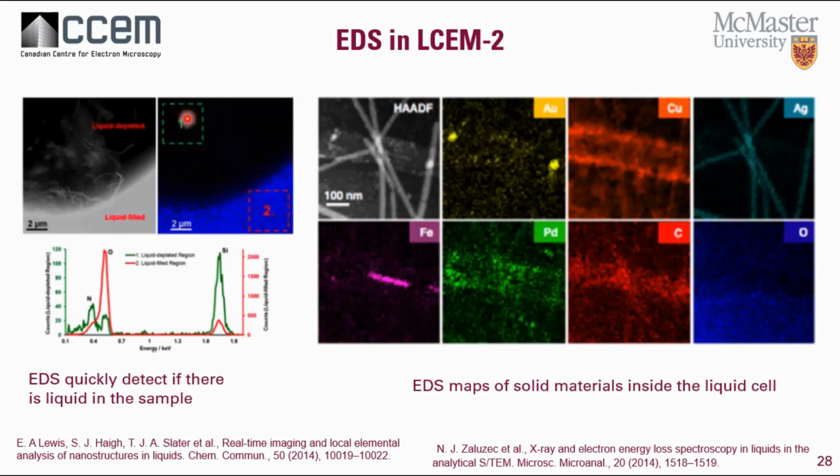By taking two EDX spectra, one from the blue area with the water and one outside, we can see that the oxygen dominates the area in the water, so we can actually detect the water with EDX. On the right side, we have some EDX maps of a suspension containing gold and palladium nanoparticles. We also have silver nanowires, where the reaction has been reduced from solution by the electron beam.